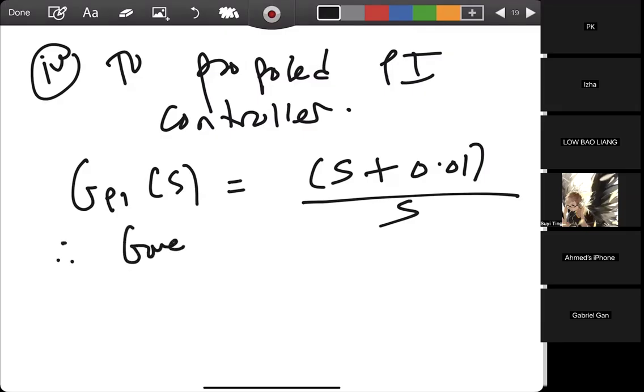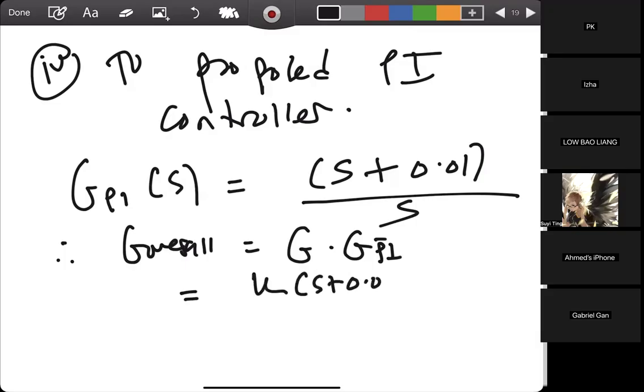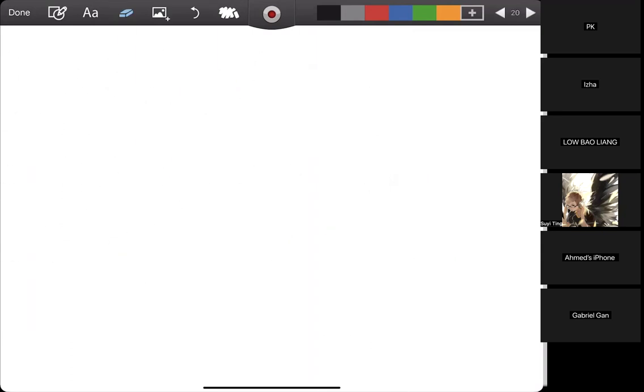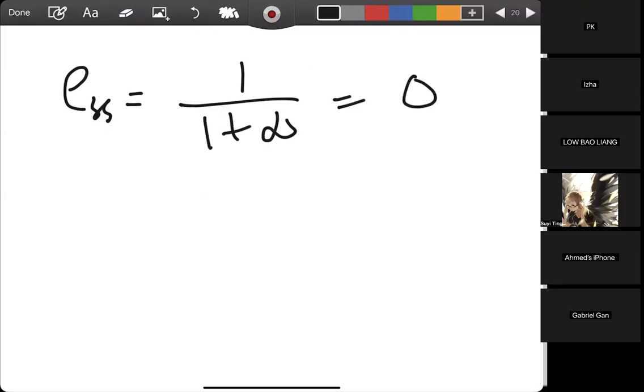So G overall will be G multiplied by G PI, which is K(s plus 0.01) over s times G. And then the steady state error: it is 1 over infinity, so it is 0.